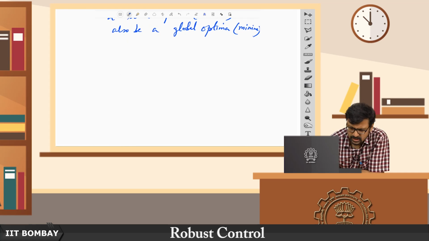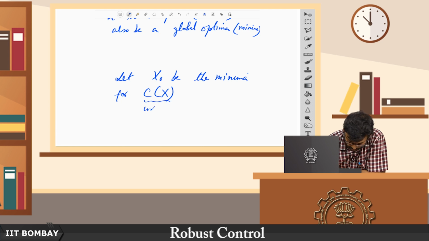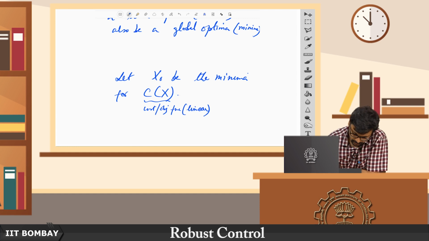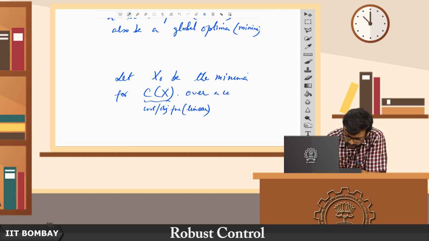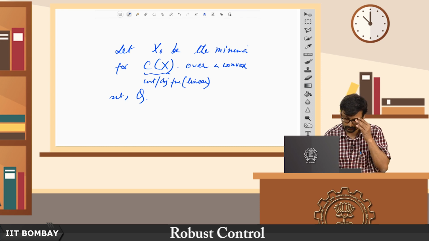So, again we will do this semi-formally. Let x naught be the minima for Cx, where Cx is basically the cost function or the objective function, and it is a linear cost function, say, for this over a convex set, say Q, okay.